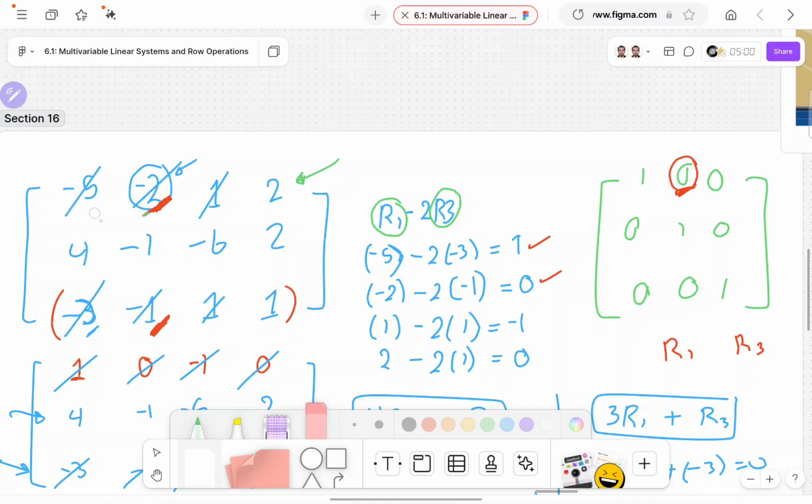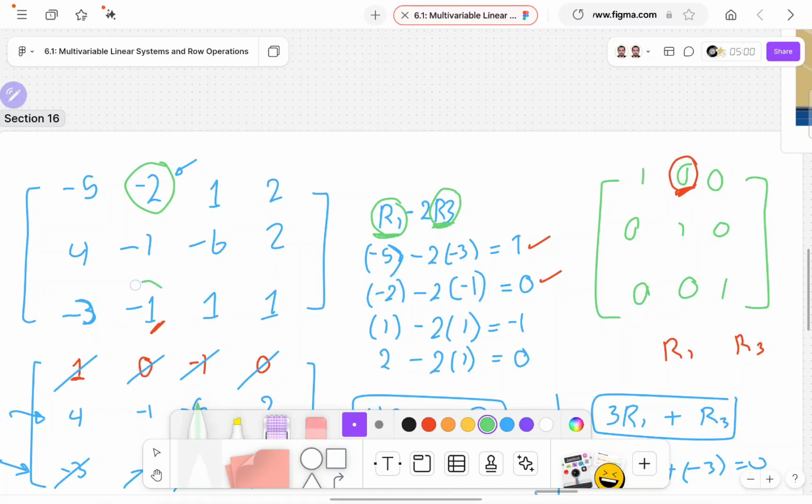Now what you must do is make this value here equal to 0. To make this value equal to 0, you need to solve row 1 with row 3. Row 1 is negative 2, row 3 is negative 1, so you need to make them equal. So we need to multiply row 3 by 2.